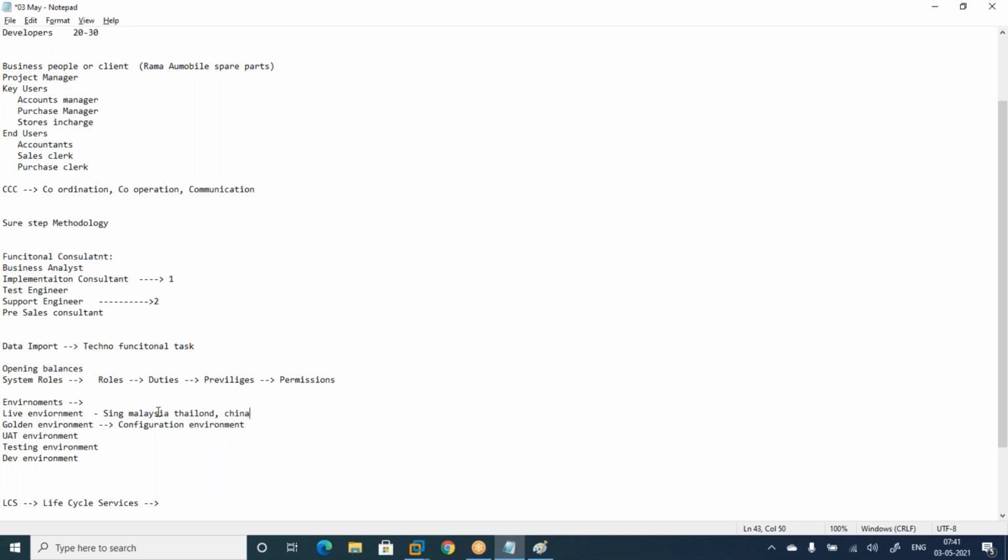I'm running my business in 4 countries, so I have 4 legal entities. Initially, all companies decided to go with two-way matching. Now suddenly, Singapore and Malaysia decided to change to 3-way matching, while the others continue with 2-way matching.